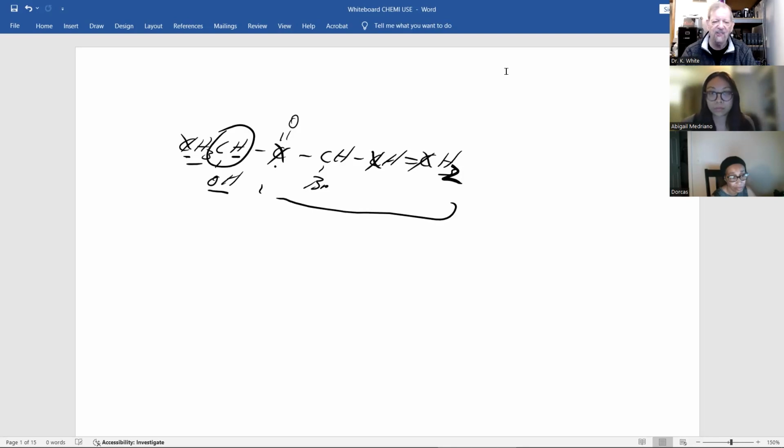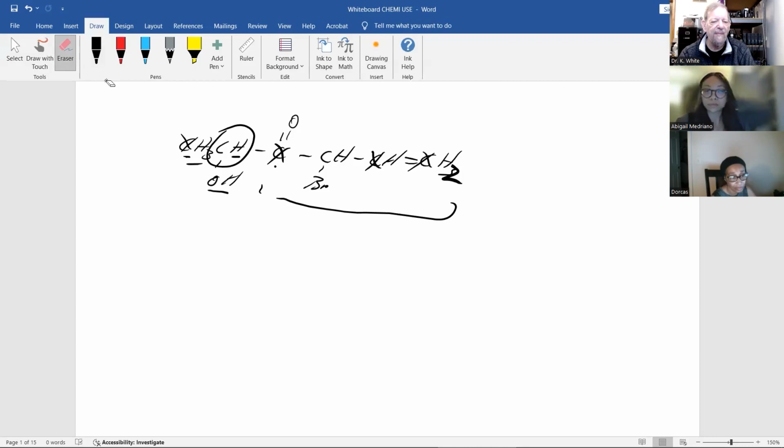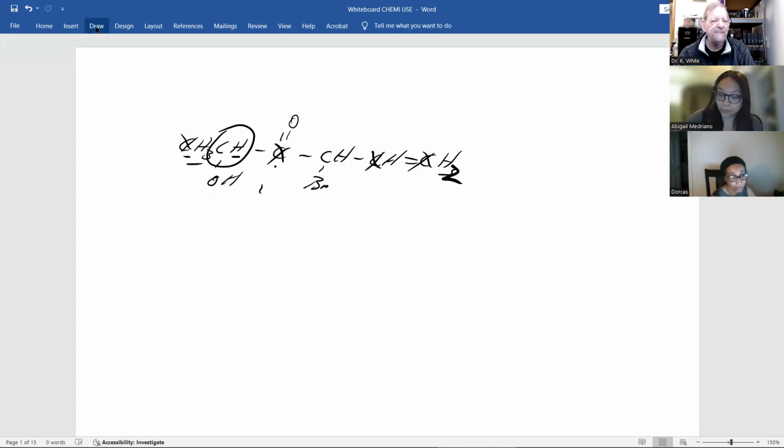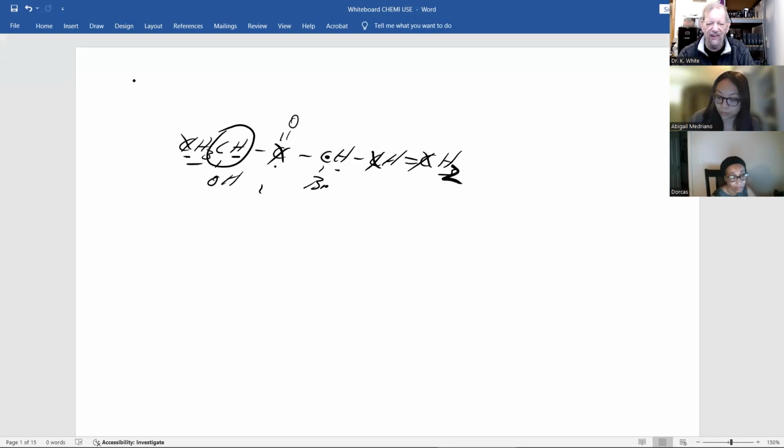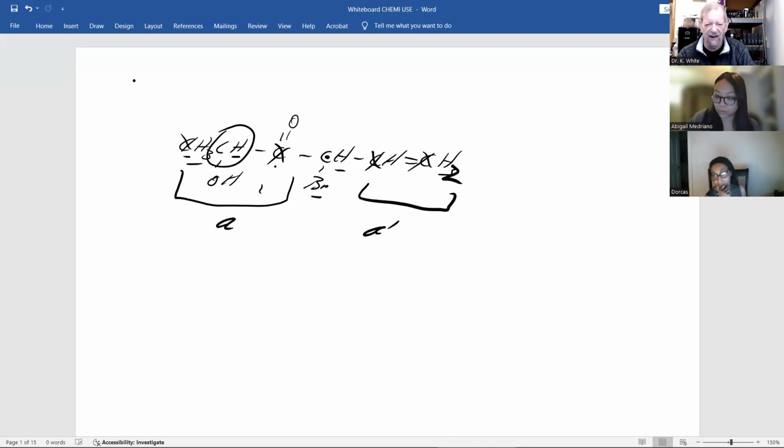So it's chiral. If we look at this carbon, it has a hydrogen, a bromine, all this, and all this, and they're different. We call that R and R prime. So that'd be 1, 2, 3, 4 different things. And that's how you find and circle chiral carbons.